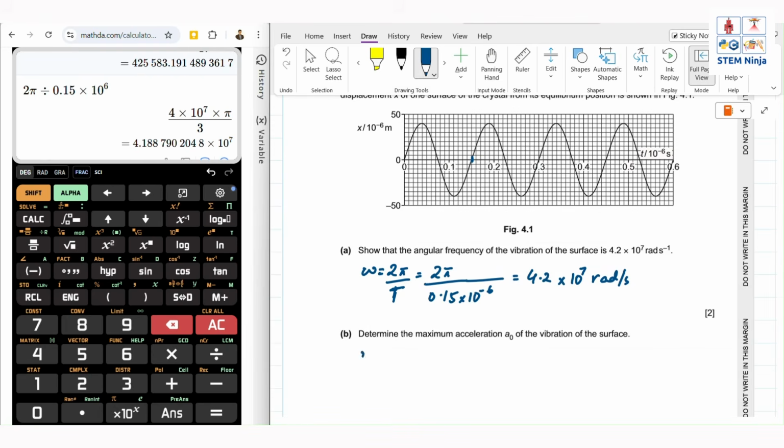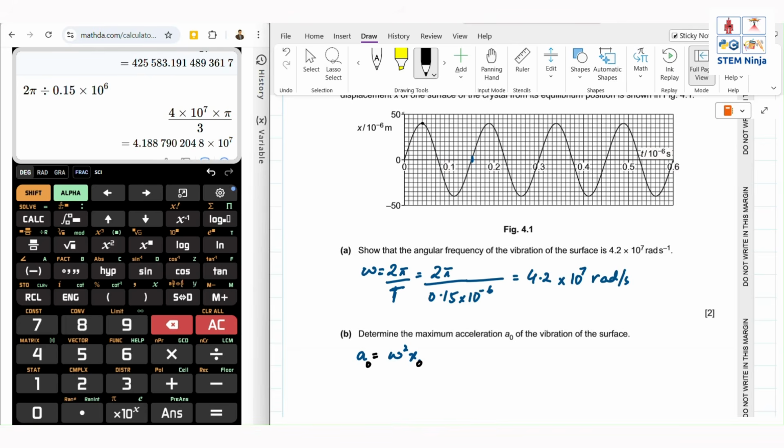So maximum acceleration will come from maximum displacement, right? We just need the maximum acceleration, so we can forego the minus sign. Maximum displacement is what we'll have to figure out.